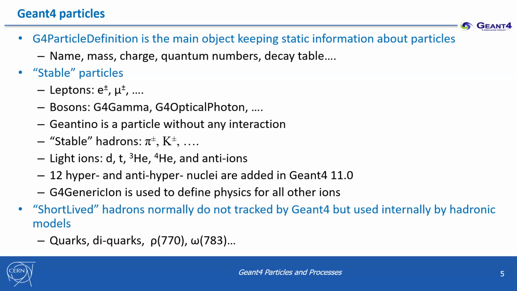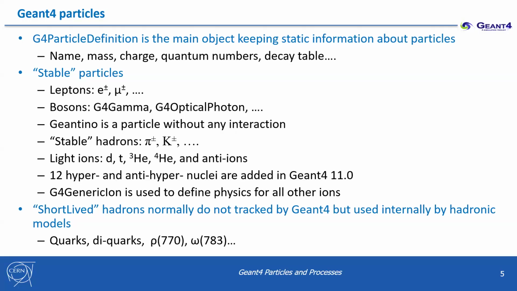And optical photon has specific processes like reflection and refraction, and optical photon transport is completely different from G4Gamma transport. So being the same physically, they are different in names and different in the configurations which we apply to them.